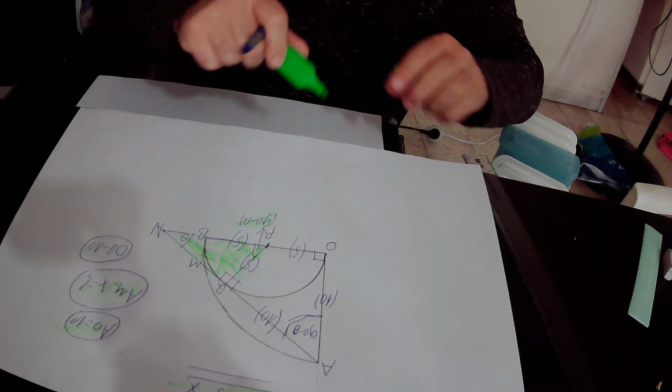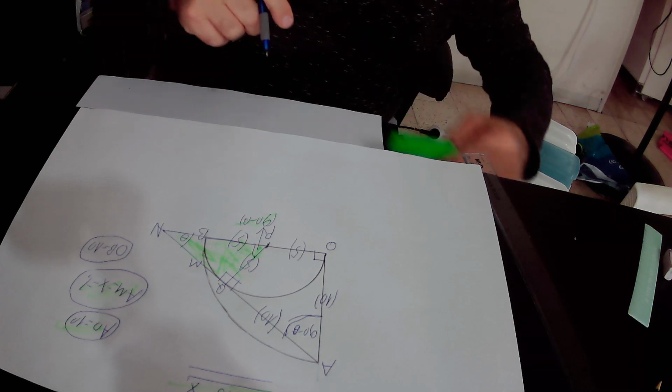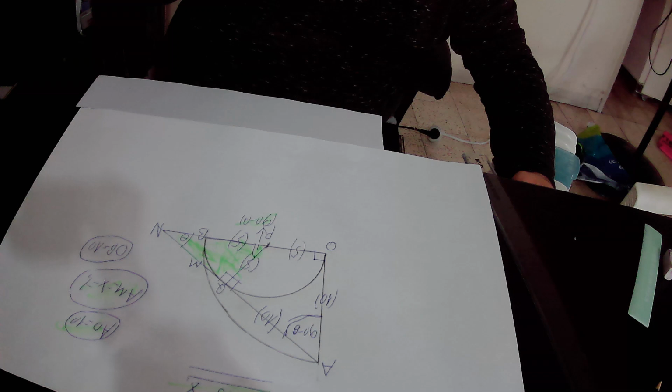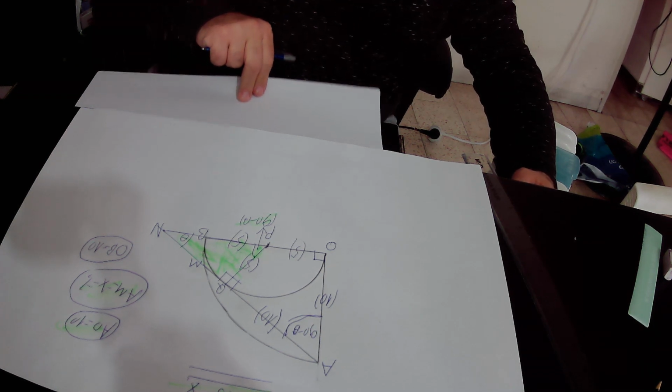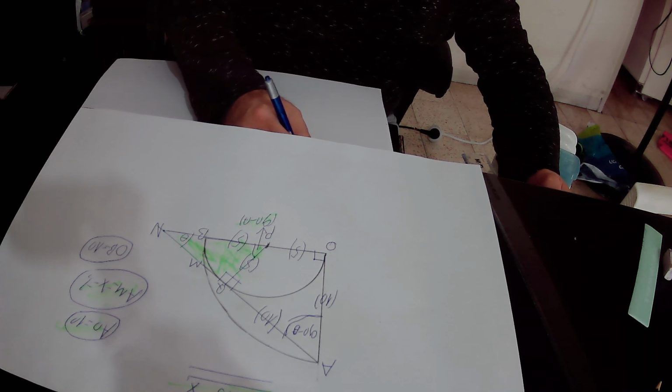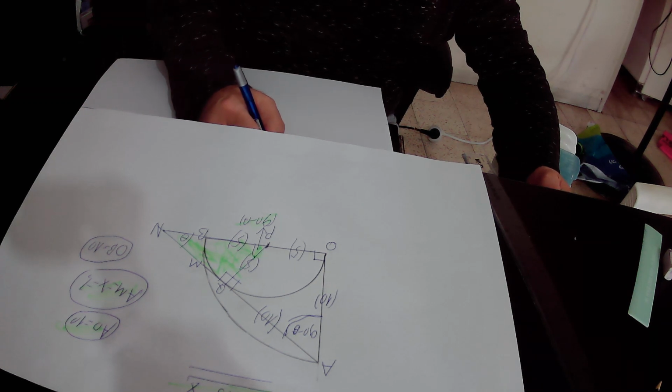In the next step, we will prove that the right big triangle AON is similar to the green triangle, triangle QPN. So I write it down. We prove that the right big triangle AON is similar to the green triangle, triangle QPN.